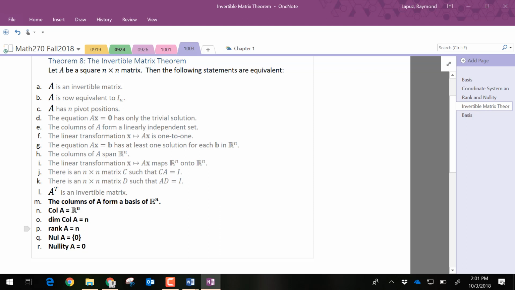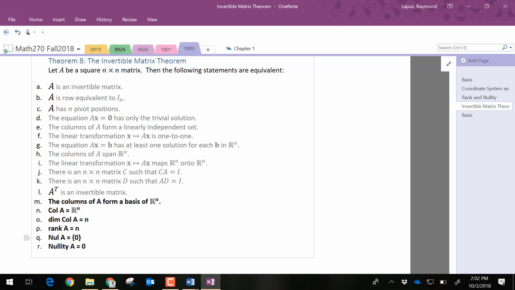The rank is, what's the rank again? The dimension of the column space. Yeah, so the number of vectors in your column space basis. There should be n of them. The rank is equal to n. Now the nullity is 0, and the null space has nothing in it except for the 0 vector.